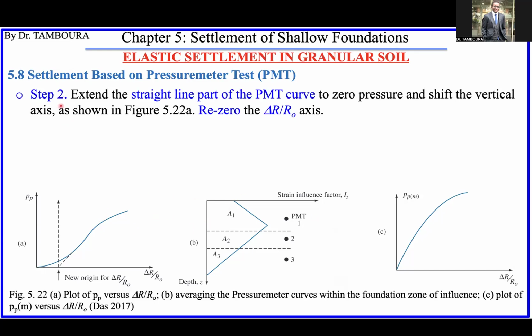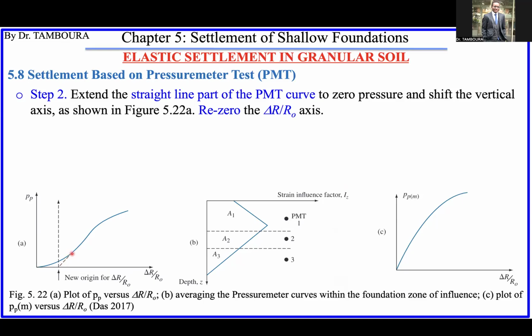Next, step number 2. After doing that, you work on this curve. You can see here it's like a straight line. On this part of the curve, you draw another line, this dash line.